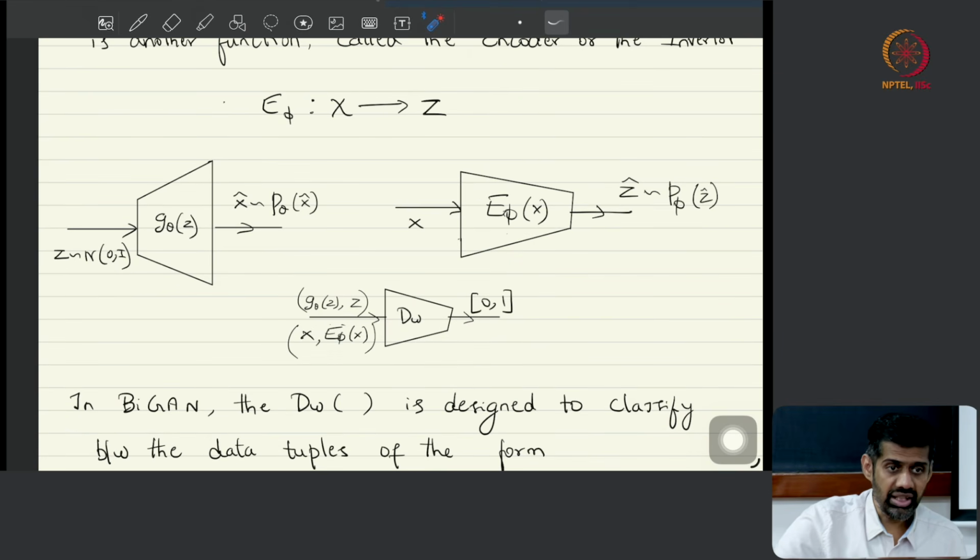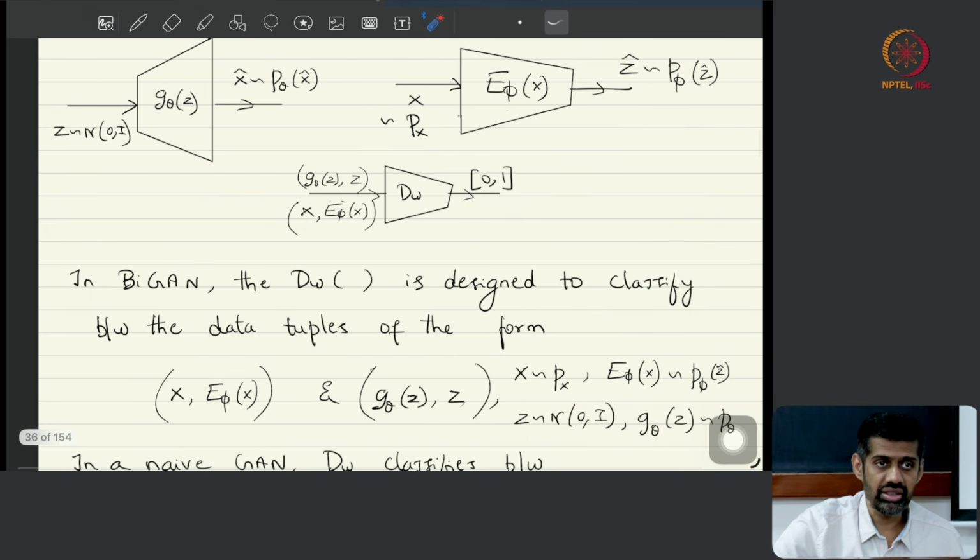The input to the generator is from the normal distribution, let us assume, and it will give you the samples from distribution p_theta. The input to the encoder are points from p_x, and it will give you some z. You will have to ensure that the dimensionality of this matches with this, of course, that goes without saying. So let us say that it gives you z cap, which has some distribution p_phi of z cap. What is our goal? Let me get to our goal in a while. So this is p_phi of z cap, and the discriminator, of course, is a classifier between them.